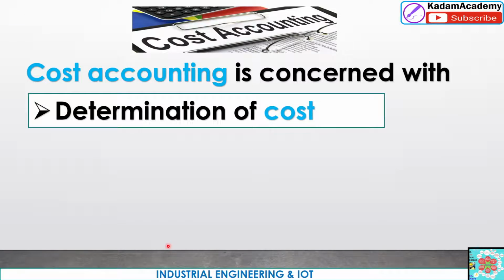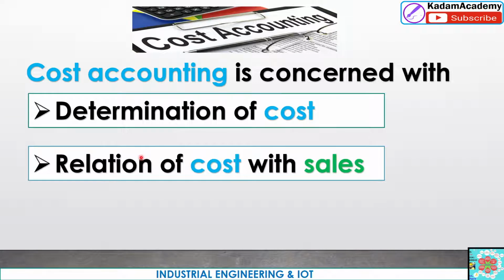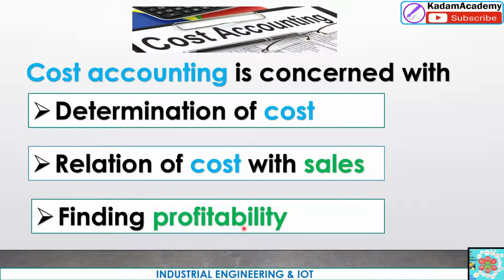Now we move toward cost accounting. What is cost accounting concerned with? It is helpful to determine the cost of a product, for the service or manufacturing. It is the relation of the cost with the sales. So dear friend, now see here what the benefit or concern will be. Cost accounting is concerned with profitability. You can find out the profit or loss, and we can also calculate it in time.